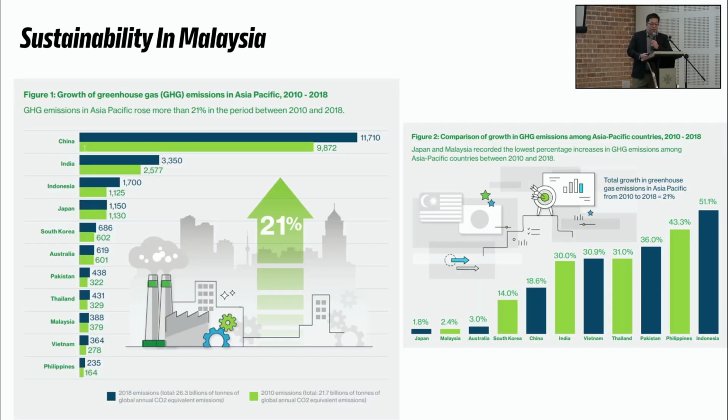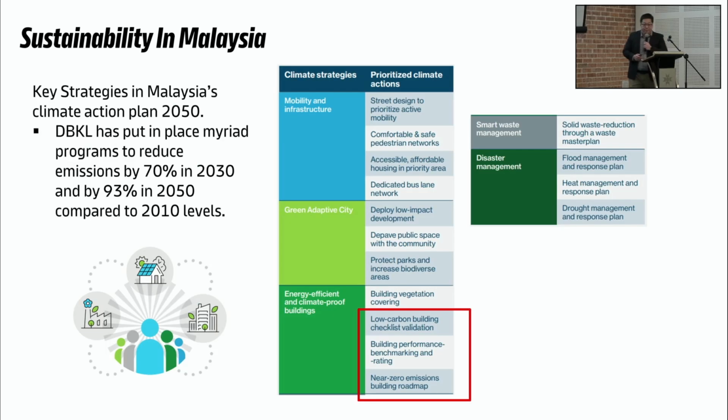In comparison to other APEC countries within the region, the blue line shows the emission in the year 2018, and the green bar shows the 2010 emission, an 8-year gap. Looking at 8 years later, the emission is higher across all countries. Malaysia is pretty low compared to the rest, but it is still on the high side.